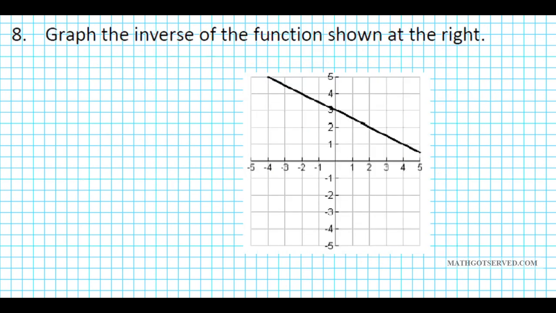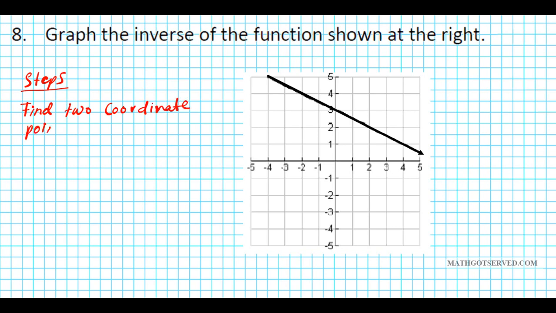All right, let's take a look at number 8. We have to graph the inverse of the function shown on the right. So this function shown on the right is a straight line, and we're basically expected to graph the inverse of this. Okay? So all you simply have to do is write down the steps on the side. You're going to find 2 coordinate points.